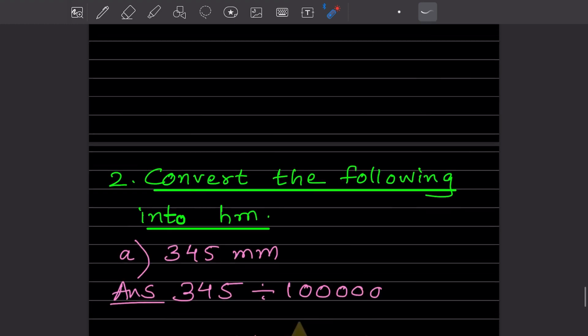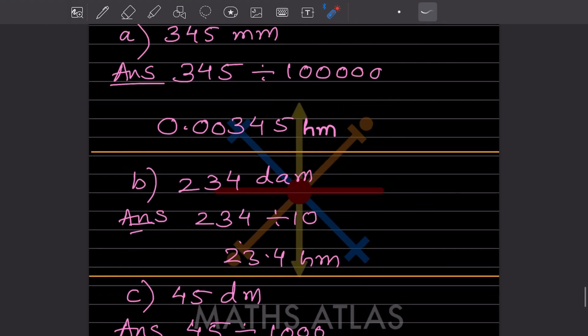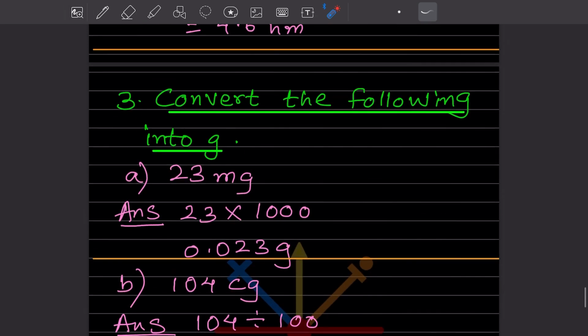So here you are going to divide it. Sorry for that. I'll just do the correction over here. Okay, so you are going to divide it here.